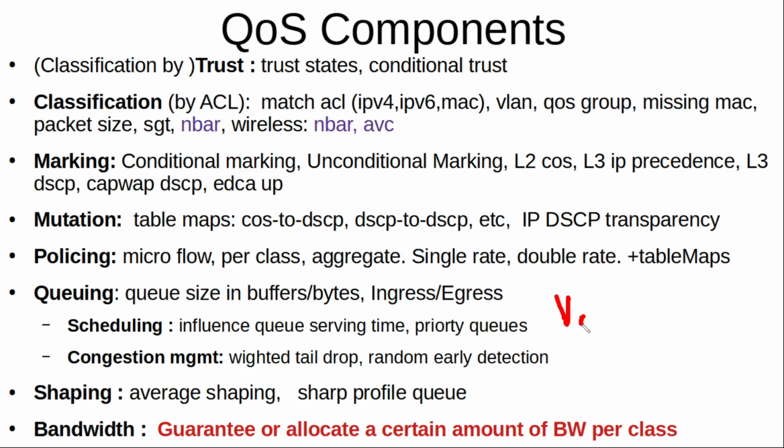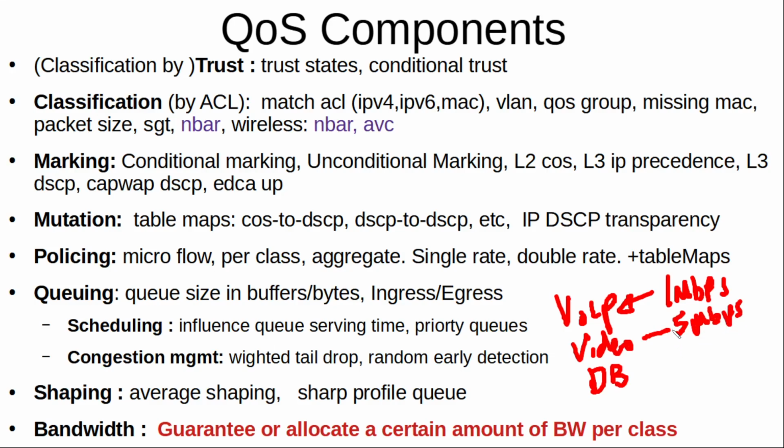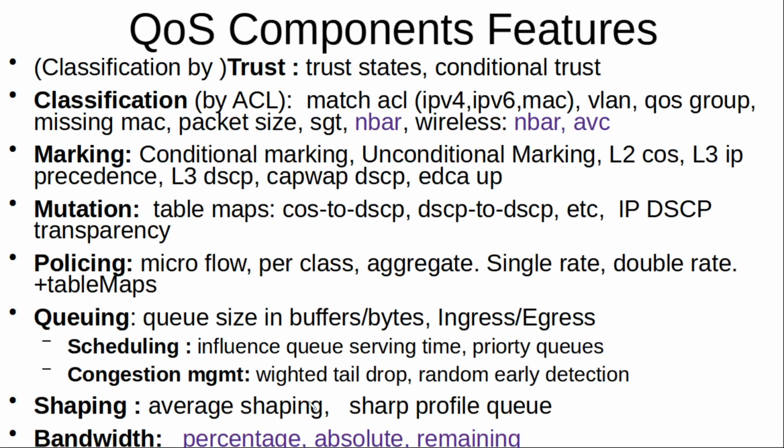So you can have, for instance, a voice over IP class, a video class, a database traffic class, and you can set with this bandwidth component that you might want to guarantee 1 megabit per second to this voice over IP class, maybe 5 megabits per second for your video class, or 15 for instance, and 50 megabits per second for your database class, and so on. So you can allocate bandwidth by a percentage, an absolute value, remaining value, and so on.